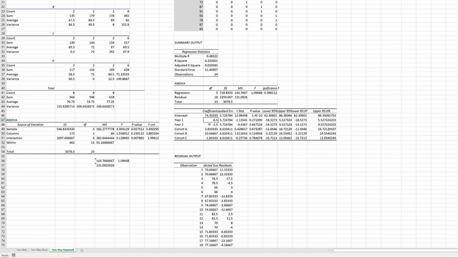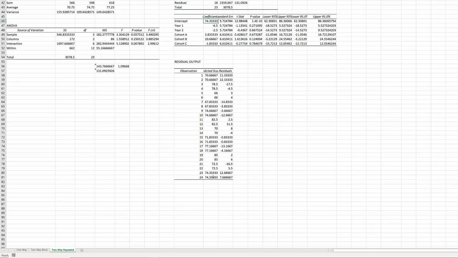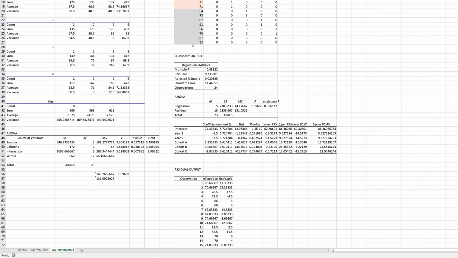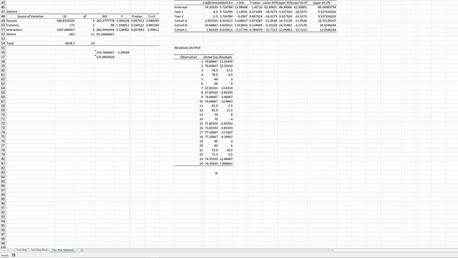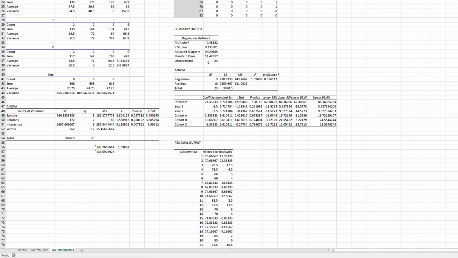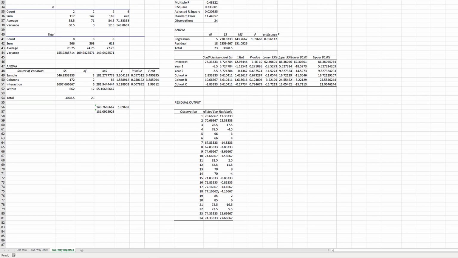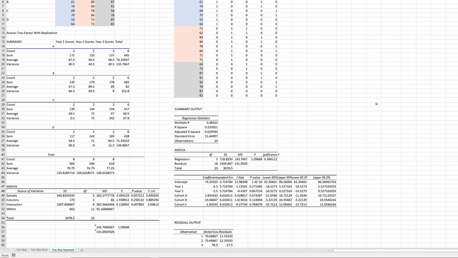So if we do 0 times this number, 0, 0, 0, 0, we're going to end up with just the intercept, which is 74.33. If we go down, the predicted value is 74.33. Their actual score was 82. So the difference between 74.333 repeating and 82 is going to be a residual of 7.667.